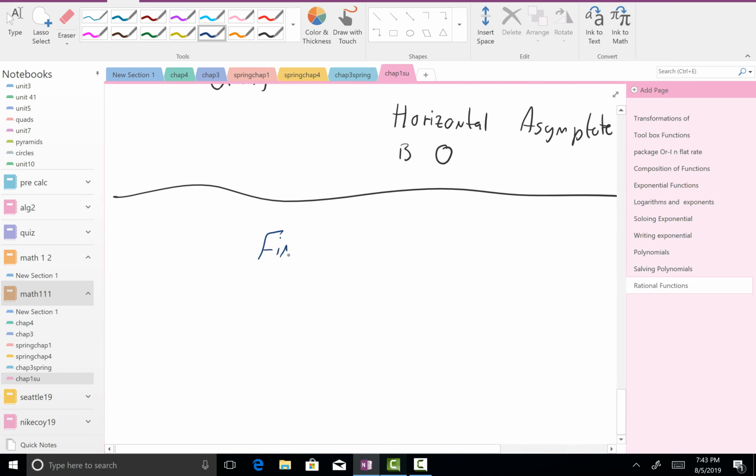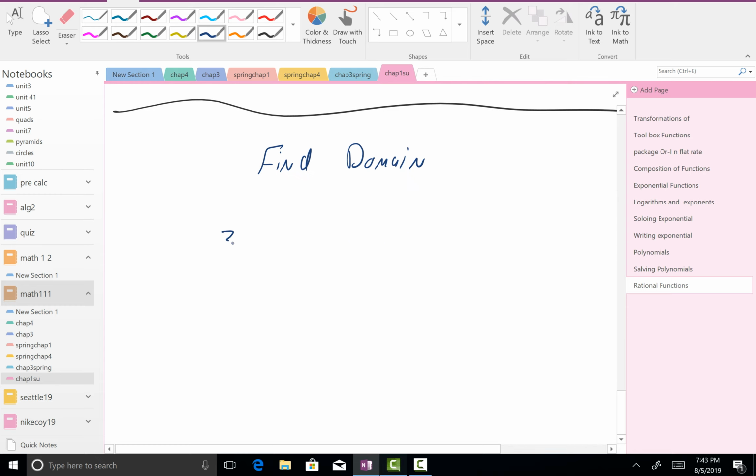Most of them are going to be already factored for you, so you don't have to do anything or worry about asymptotes. All you want is the domain. What can't the domain be in this situation? -1 or +2.